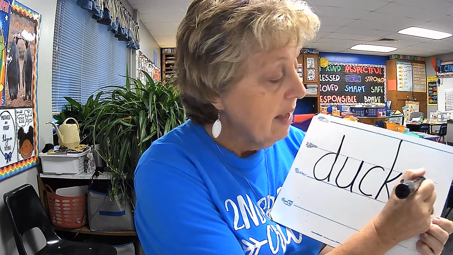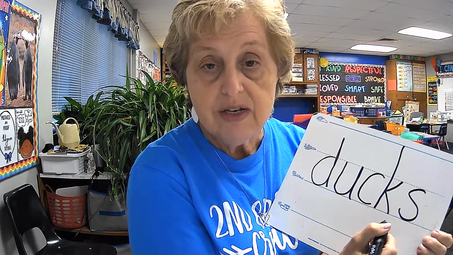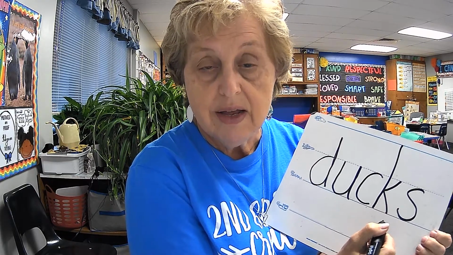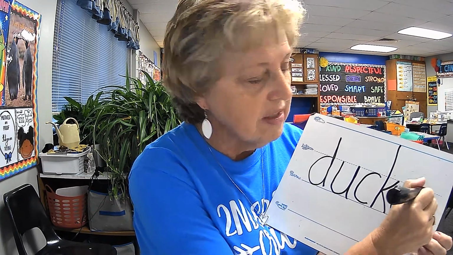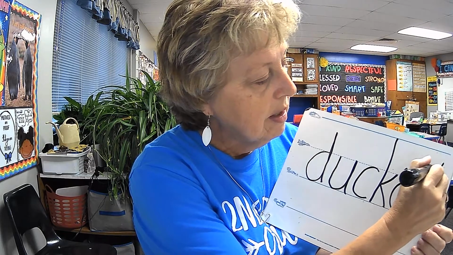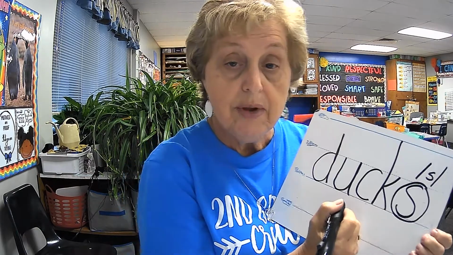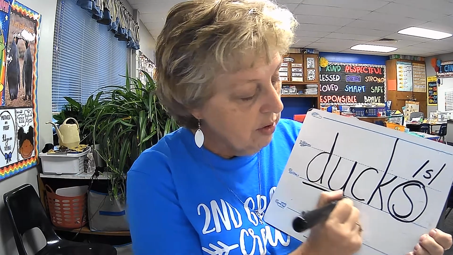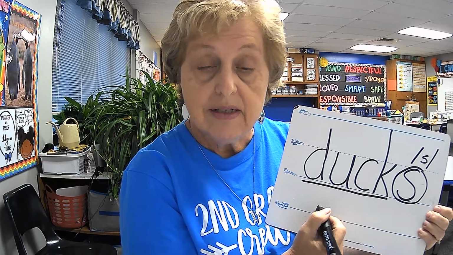So we're going to add the letter S. Now listen to the sound at the end of ducks. What sound do you hear? Yeah, you hear an S. So we're going to circle the suffix S, and you're going to put an S to indicate that's the sound that we hear. And you have to underline the word duck to show that that is the root word.